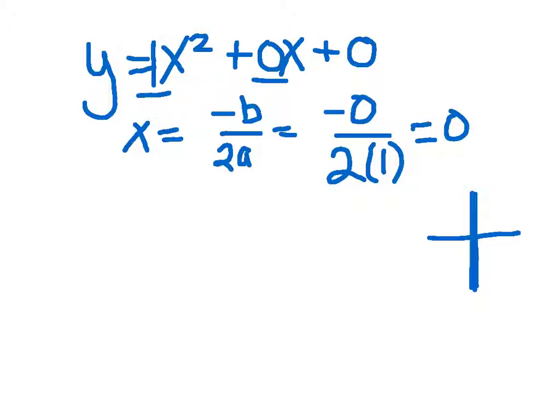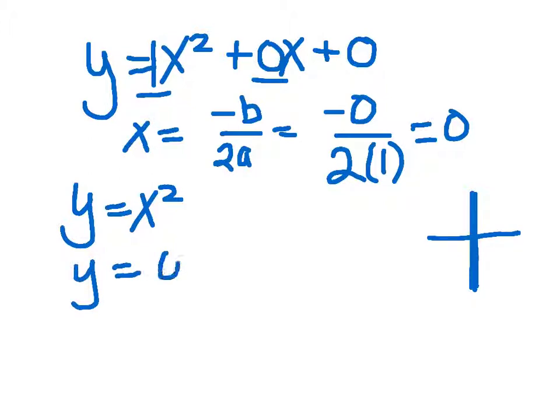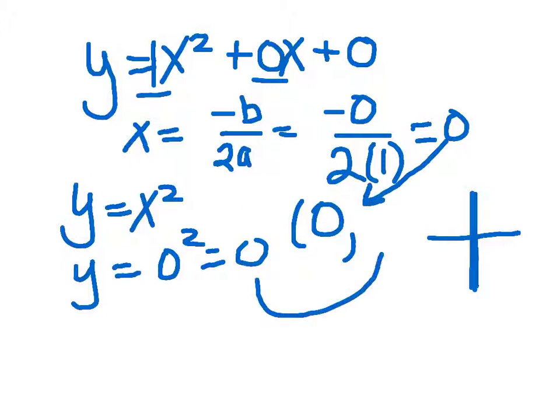Now, we know the vertex is somewhere on that line of symmetry. So to find it, all we have to do is take our original equation and input the 0 in our x value. So our vertex point is the 0 coming from here, and then the 0 coming from there.